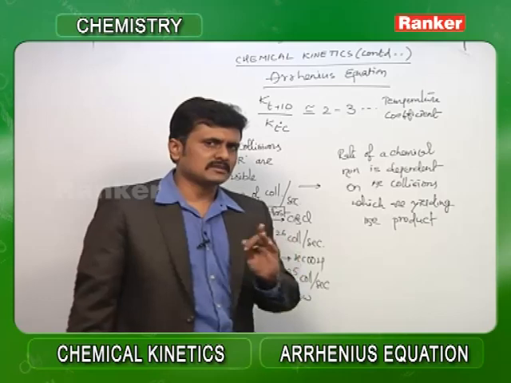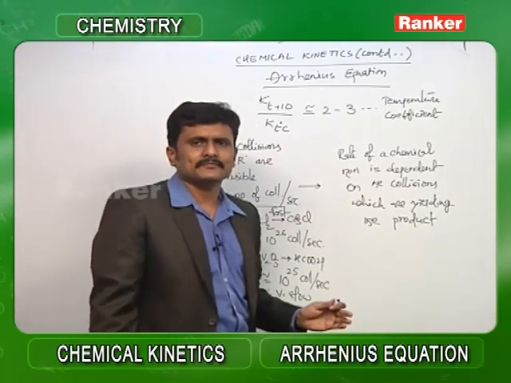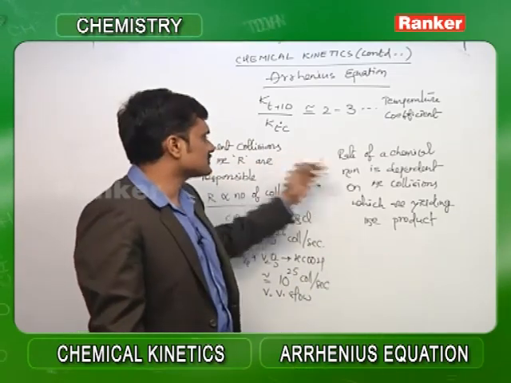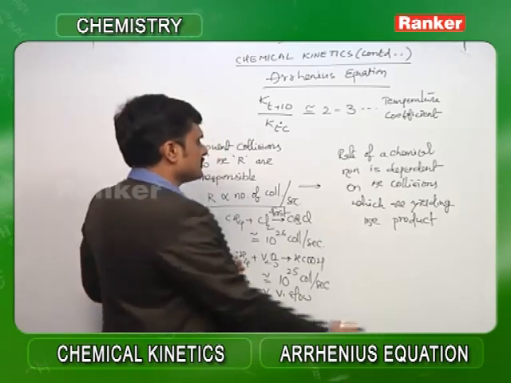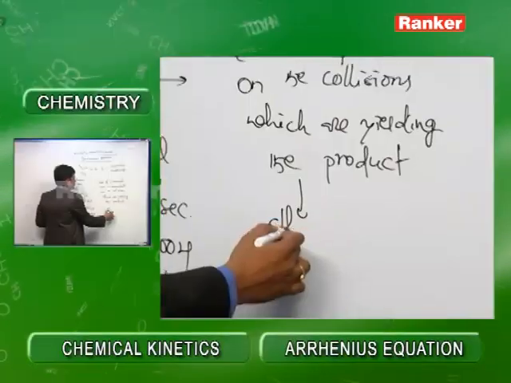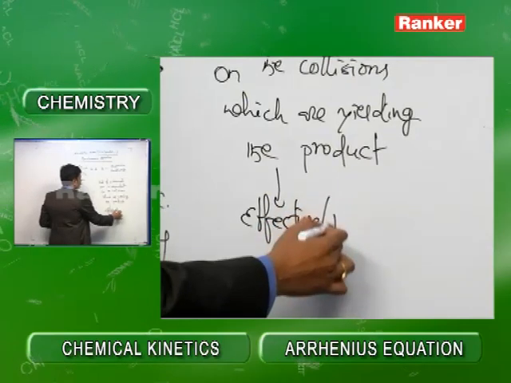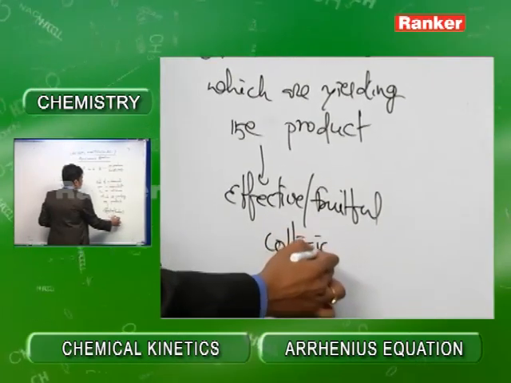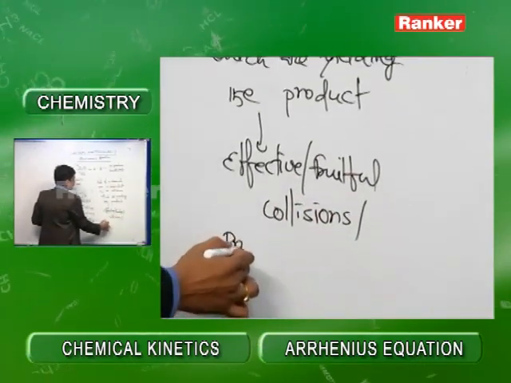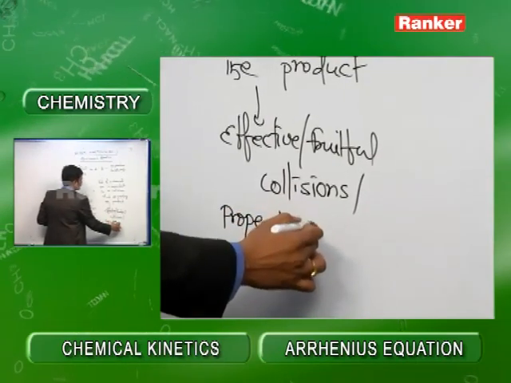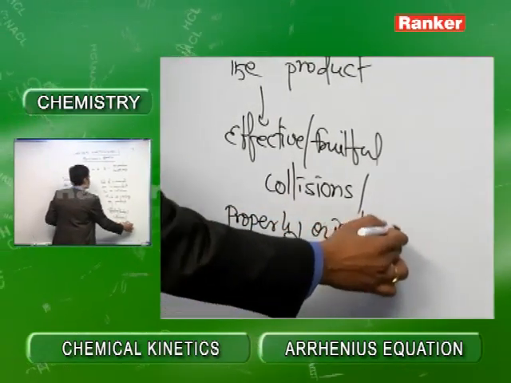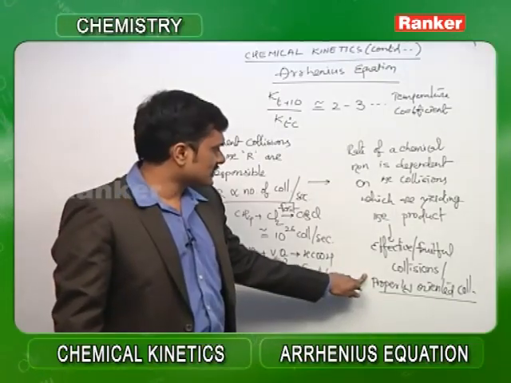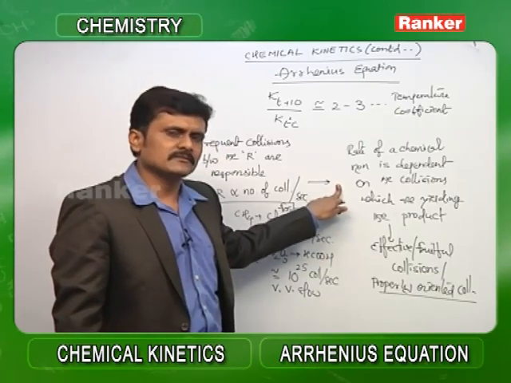Here the momentum is not conserved; there is some variation in the momentum. So the rate is not totally depending upon the number of collisions, rather upon the collisions which give rise to the product, which are referred to as the effective or fruitful collisions, also referred to as the properly oriented collisions.